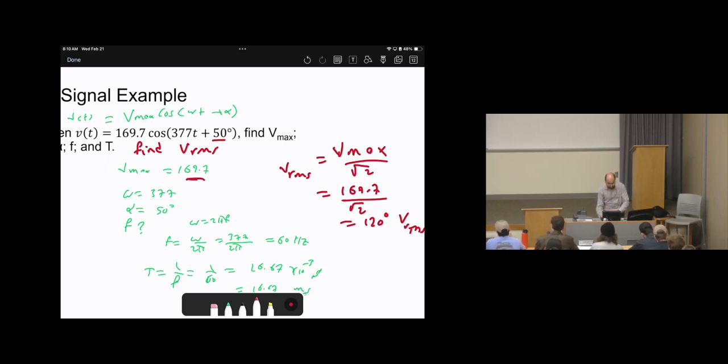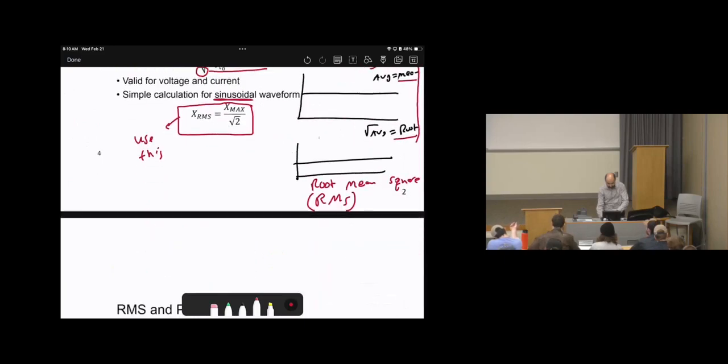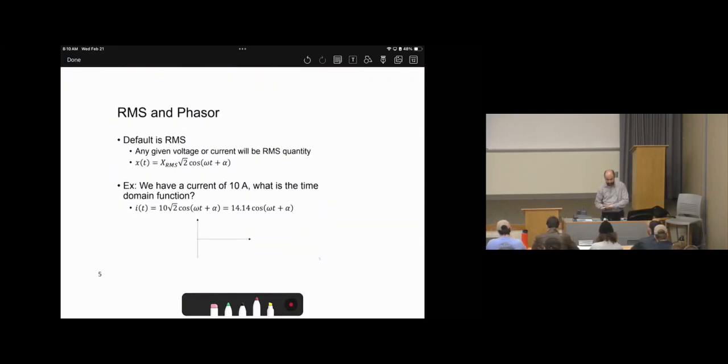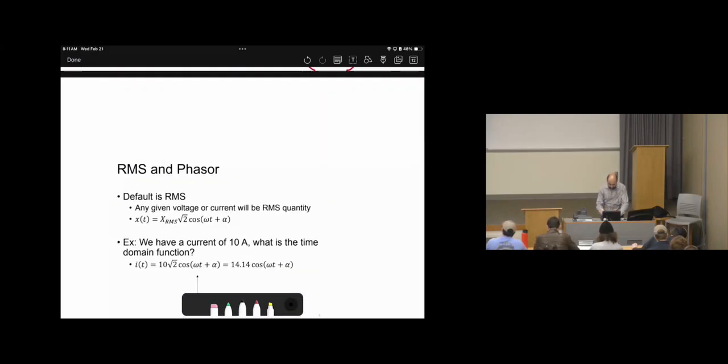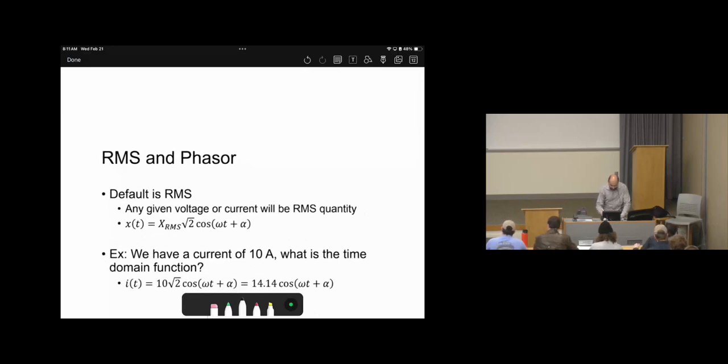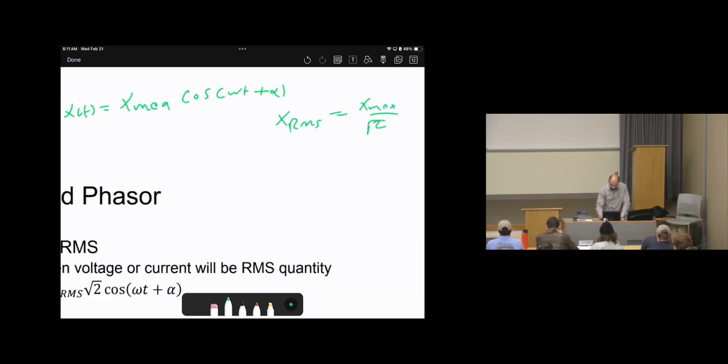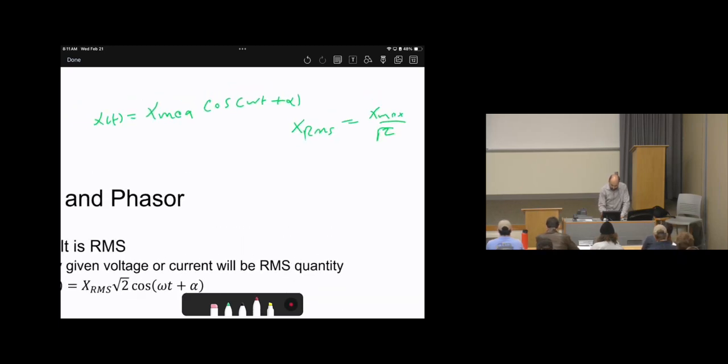Now let's go for more simplifications, which is something we call phasor and RMS. So basically, as I mentioned, x of t equals x max cosine omega t plus alpha. And we said that the RMS equals the max over square root of 2. Now, can we replace x max by the RMS in that expression?